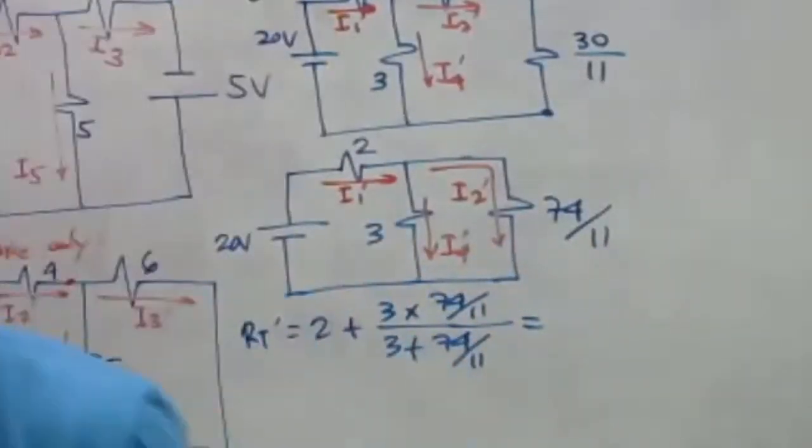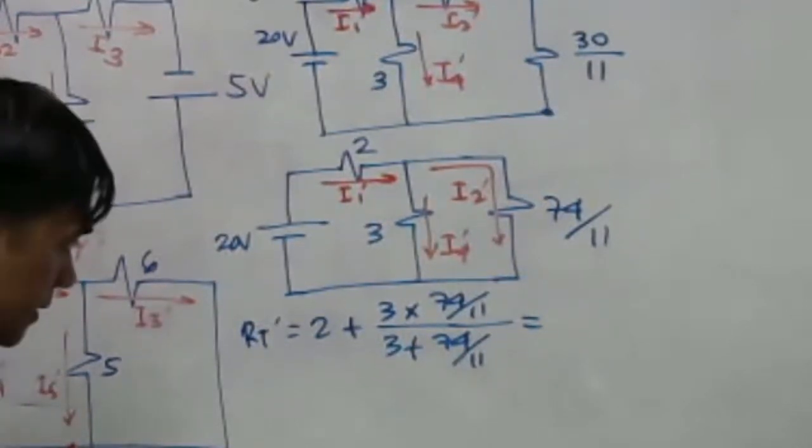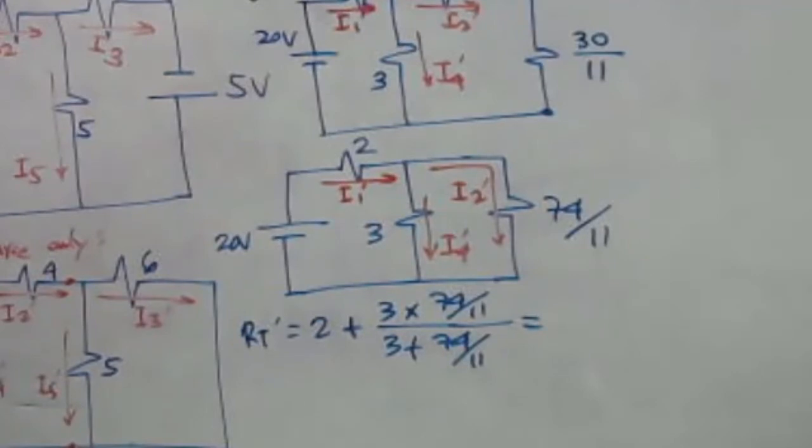Let us calculate. 3 times 74 over 11, divided by 3 plus 74 over 11.